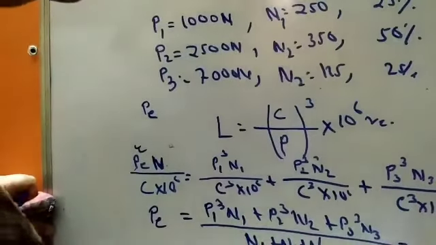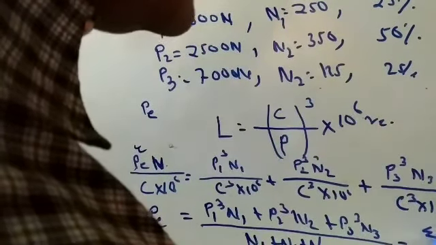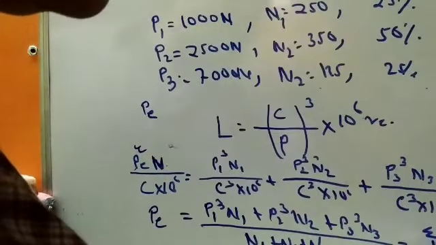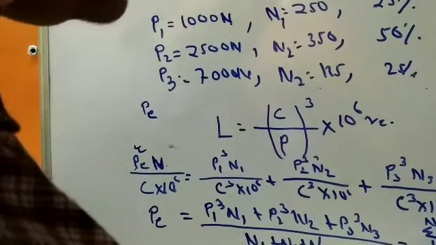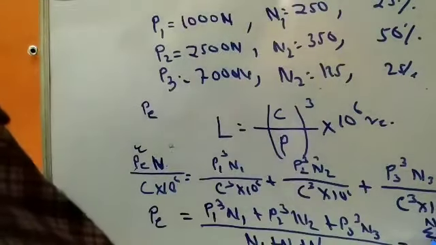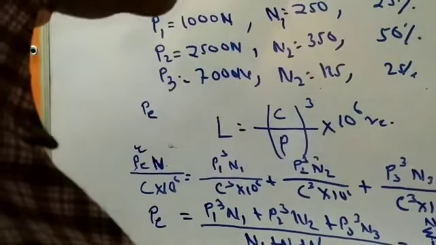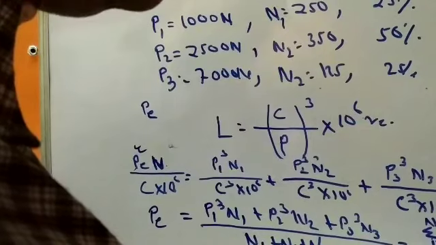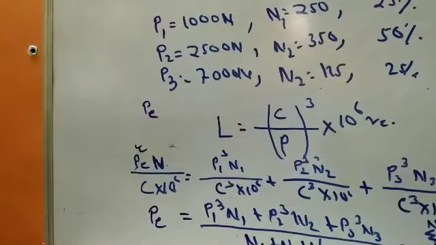Ultimately it takes the form of summation from i equals 1 to n of Pi cube Ni, divided by summation from i equals 1 to n of Ni. So this is the desired expression which is required.